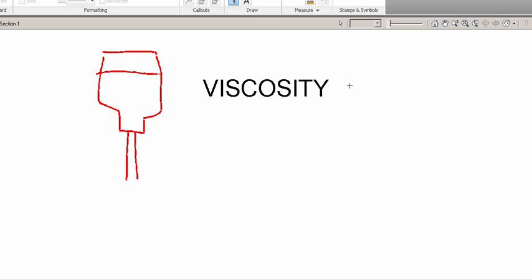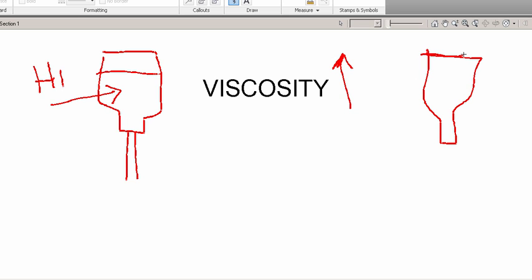So high viscosity means that it is highly resistant to flow, which means that if this were a high viscosity fluid, it would flow very slowly. Molasses, for example, is a high viscosity fluid. Now, compare that to a bottle of water. That's a horrible bottle, but you get the idea.